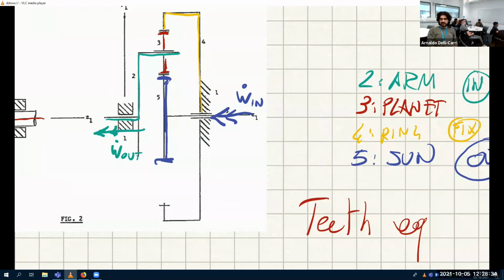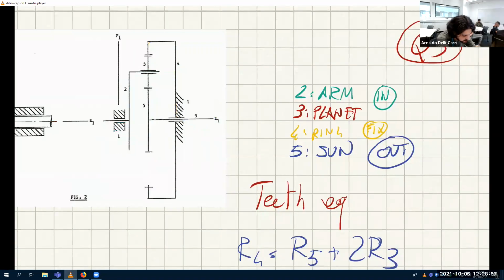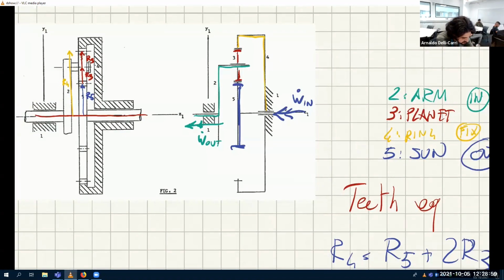Energy in time, but also force times speed. Now this is a rotational system. So the rotational equivalent of force is torque. The rotational equivalent of speed is angular speed. So W dot is also torque times omega. So let's put a few definitions in.